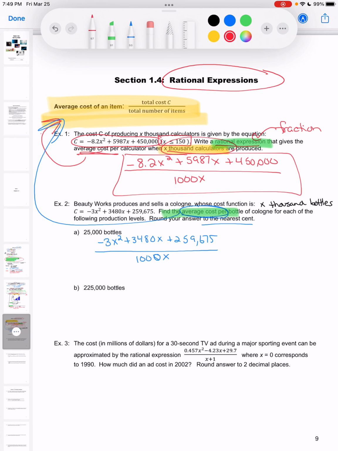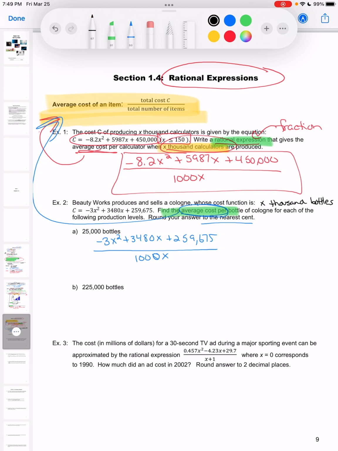So if we look, I told us that we are doing 25,000. That means X is 25, because remember, X is in thousands of bottles. I just added that to the directions. So I'm going to plug in 25 everywhere I see X, and divide by 1000 times 25.